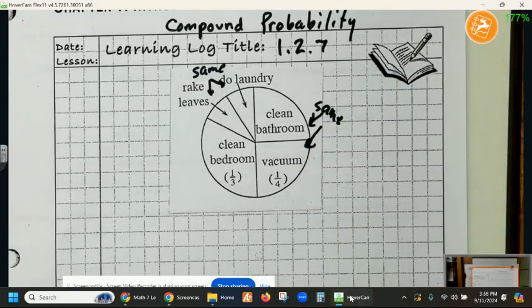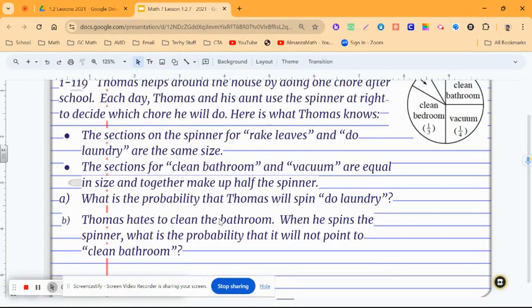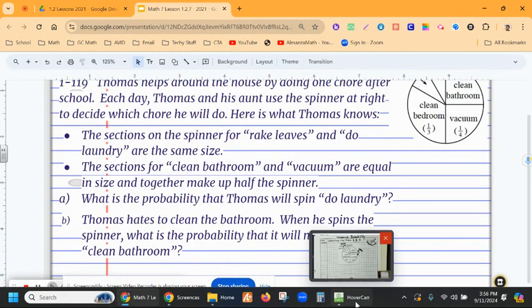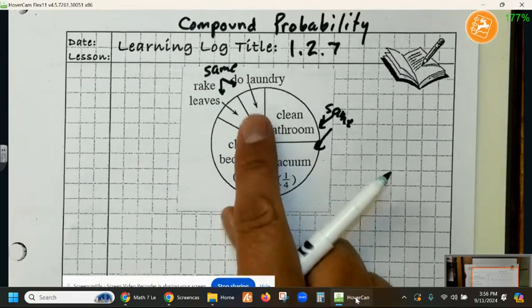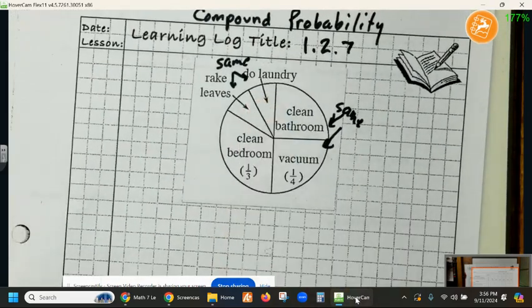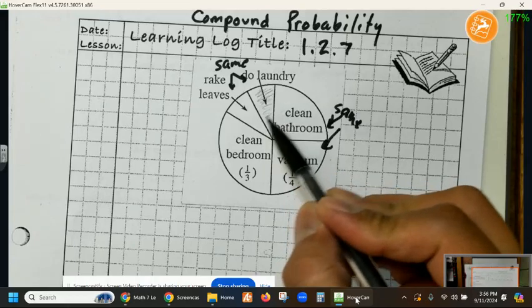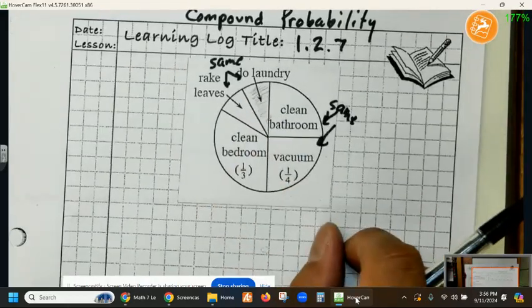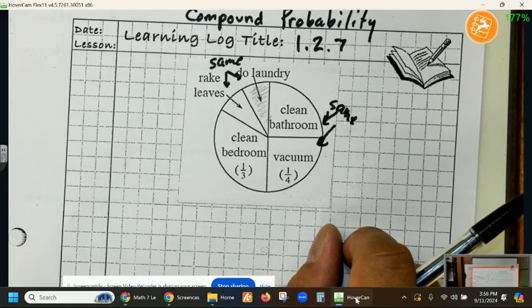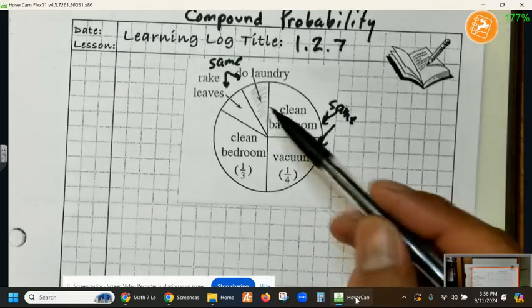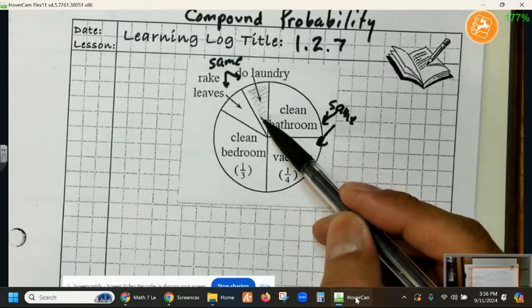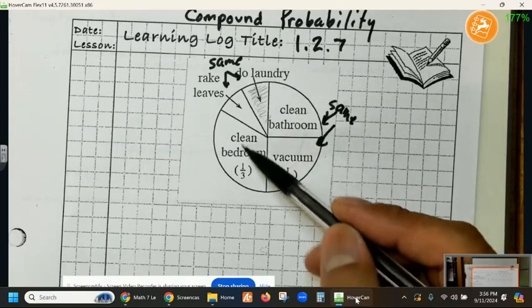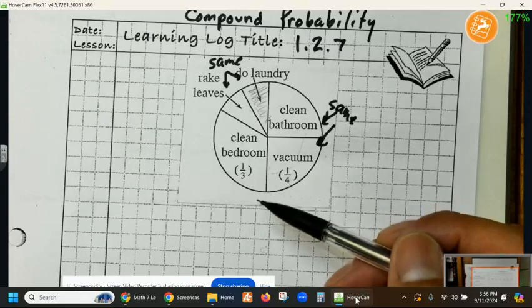All right, and our first question is, what is the probability that Thomas will do laundry? Okay, so we're looking at this spinner. What is this probability right here? This is the one that we're trying to figure out. In order to know this probability, we need to know the rest of the probabilities and just use it as a complement.